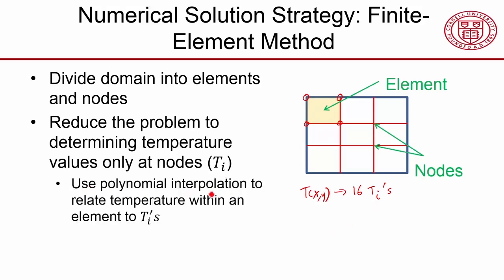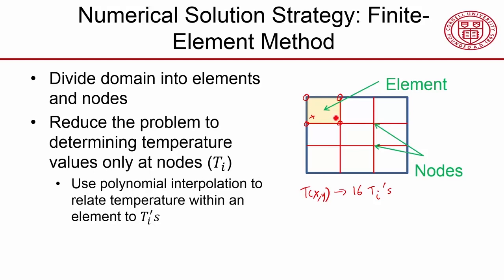And we use polynomial interpolation to relate temperature within an element to the nodal temperatures. If I want to know the temperature there, I would interpolate between these 4 values. In the 1D case, we were interpolating along a line. Now we have to interpolate within an area, so the interpolation is more complicated.